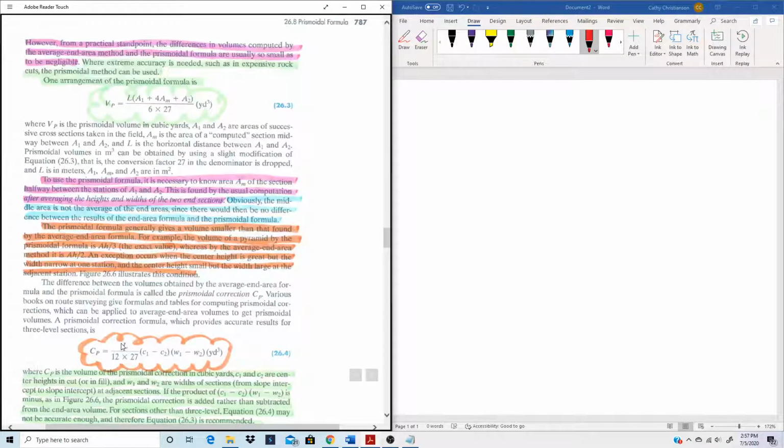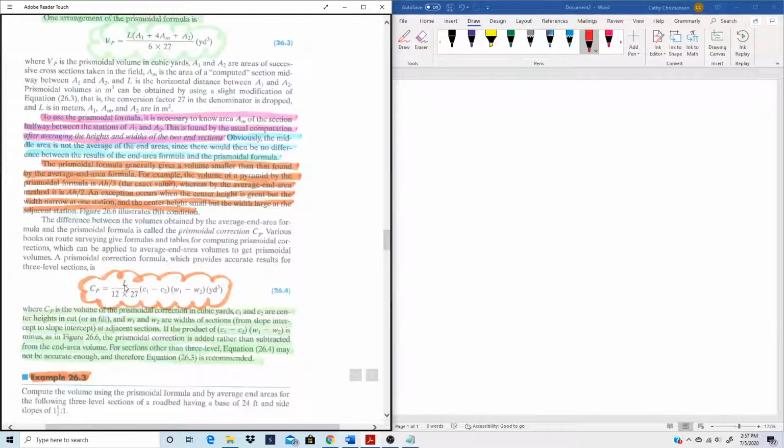And then they get a Prismoidal correction. So V sub P is called a Prismoidal correction, and this varies; books for route surveying give formulas and tables for computing it. A Prismoidal correction, which provides accurate results for a 3-level section, would be C sub P, your Prismoidal correction. Your length, again, is the length between the two stations, so that particular one would be 100. 12 times 27, 12 and 27 are constants.